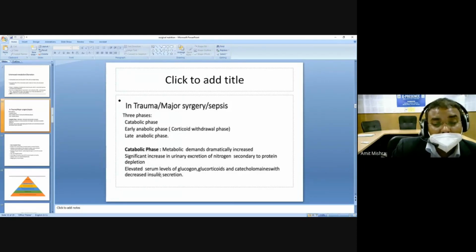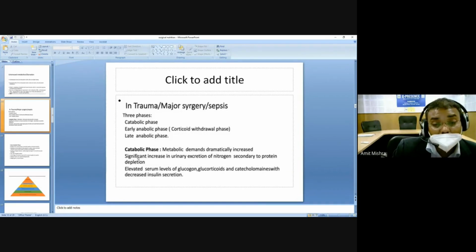You will notice significant changes in the body physiology in this phase.